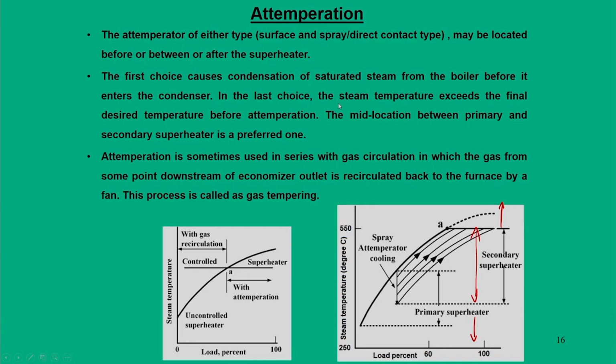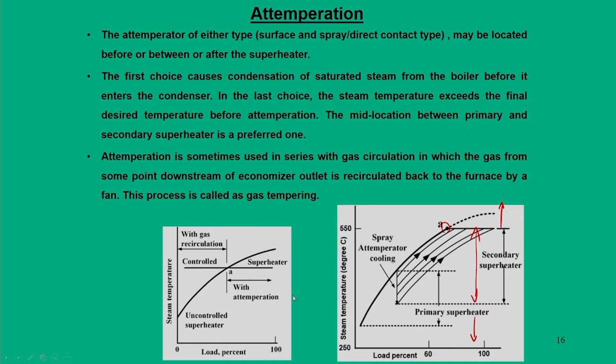The last choice, if it is used after the superheater, then controlling the steam temperature exceeds the final desired value. If you look at after here, it has already crossed. So, the best way is that before it leaves the superheater, the entire temperature control has to be done in such a way that the curve relatively remains flat. So, this is what we say spray cooling or type of attemperator.